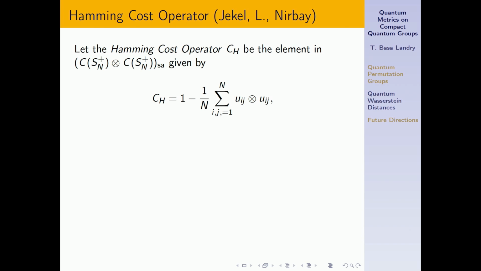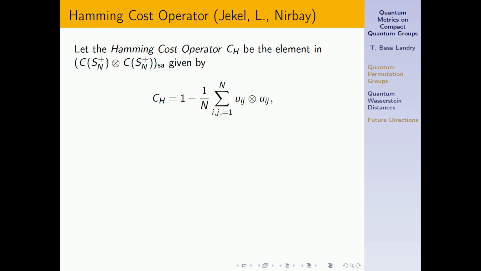Now I'm going to talk about this other sort of cost. Like I mentioned when I presented earlier, a selection from the zoo of quantum Wasserstein distances, one of the ways in which one might introduce non-commutativity is through a cost operator.